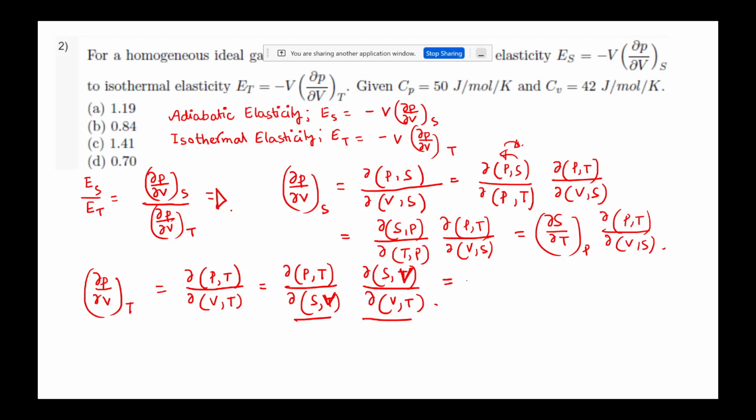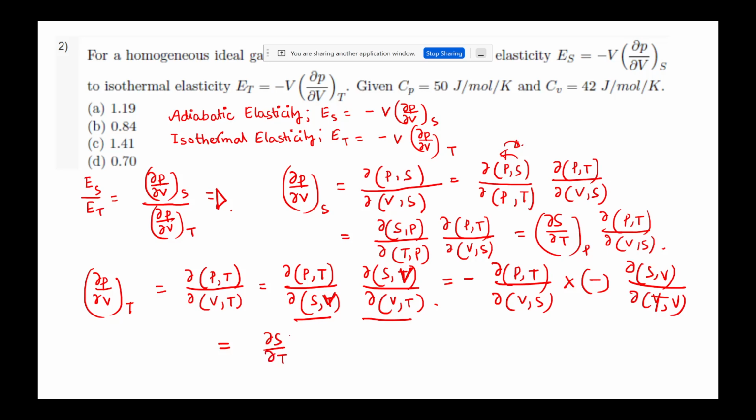First one minus sign, this will be PT delta V S, because I have changed the order, times once again one minus, because I have changed the ordering, that becomes delta S delta T V times dPT dVS.